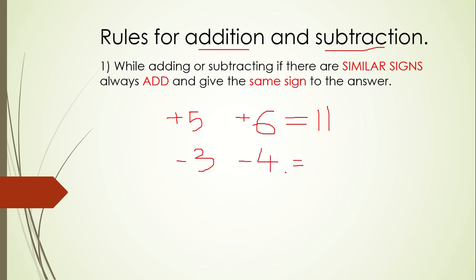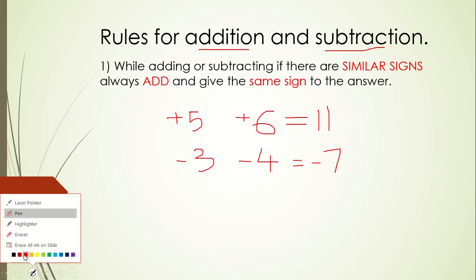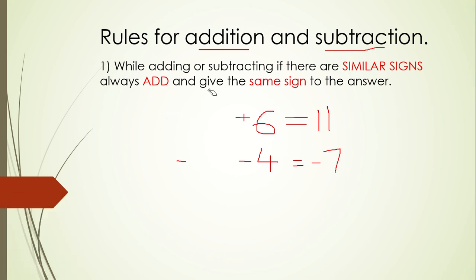In this case also I have to add and give the same sign to the answer, meaning the minus sign will come for the answer. So my answer will be minus 7. So the rule is, while adding or subtracting, if there are similar signs, you should always add and give the same sign to the answer.